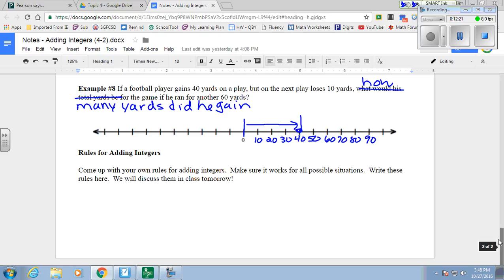He then loses 10, so I'm going to go back to the left. And then he's going to run for another 60. So that means I'd be going back towards the right, and that would end me at 90. So how many yards did he gain? 90 yards.